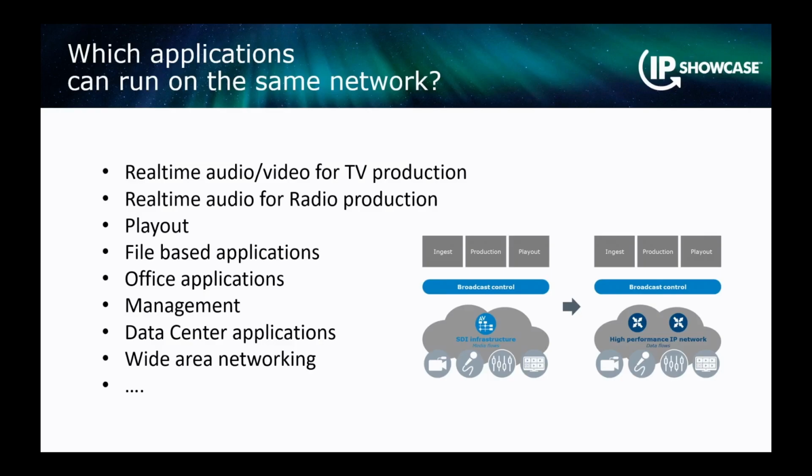Now, the question we often get when people embark into a new IP media network is, so it's IP. I have multiple IP networks in the environment already. Sometimes people have been building playout systems. There's of course the office network for file-based applications, for telephony, for all that stuff.